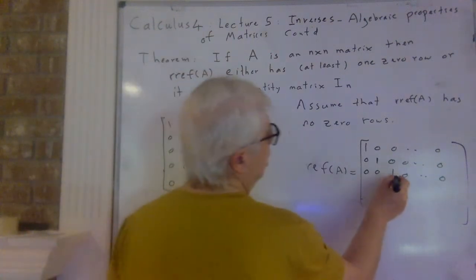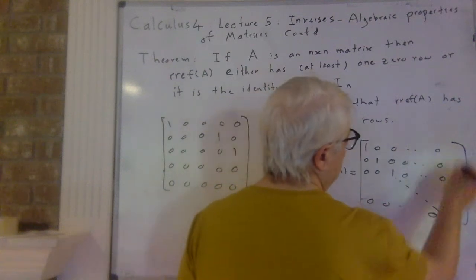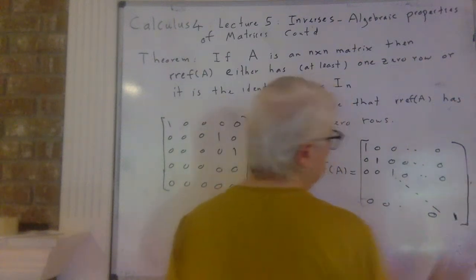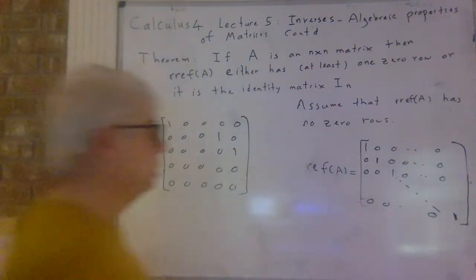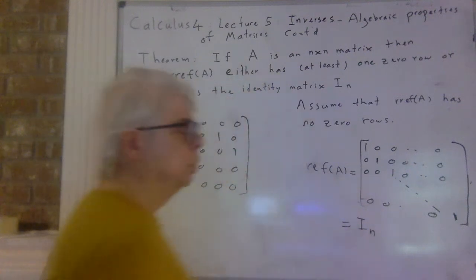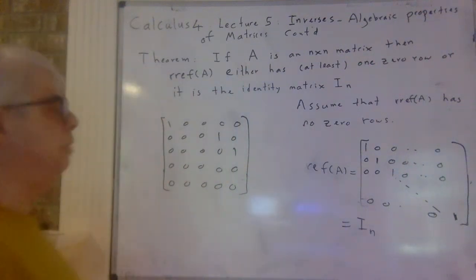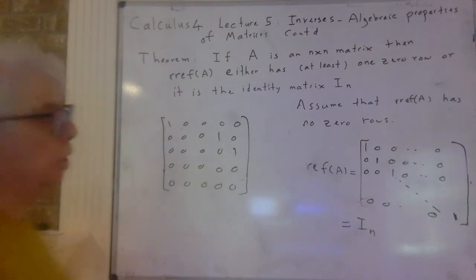In the end, I have all ones in diagonal positions, if I don't want to get a 0 row, and the RREF will be the identity matrix, will be IN. Okay. So if any of those leading ones is not in the diagonal position, I will get at least 1 0 row. So all of them should be in diagonal positions, and that gives me an IN.